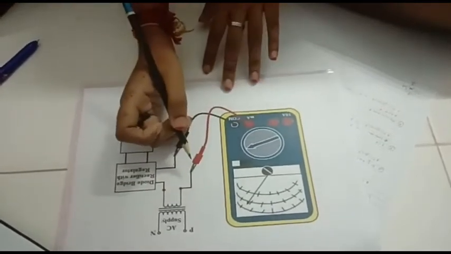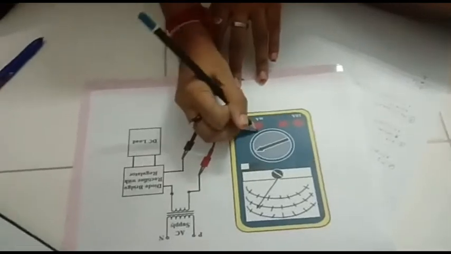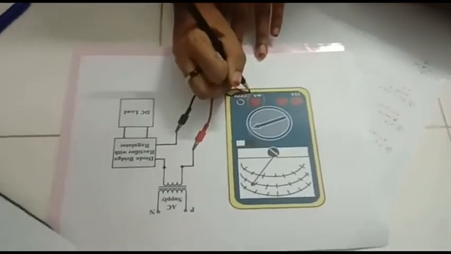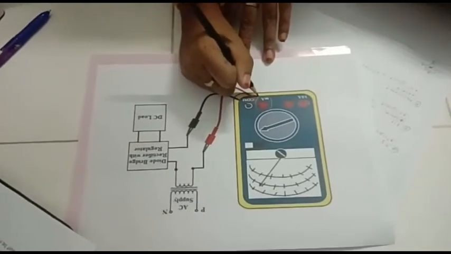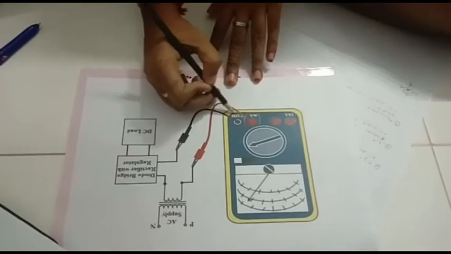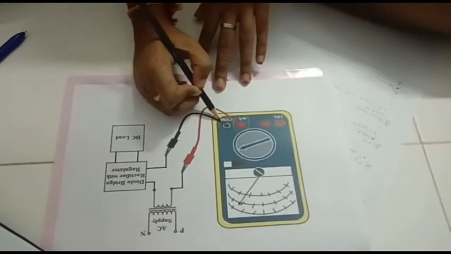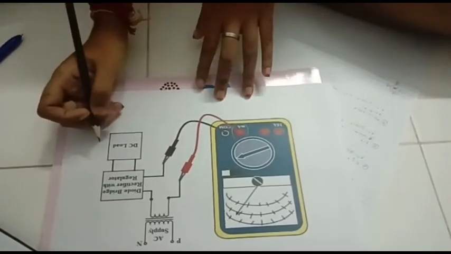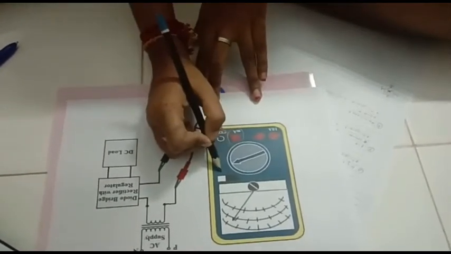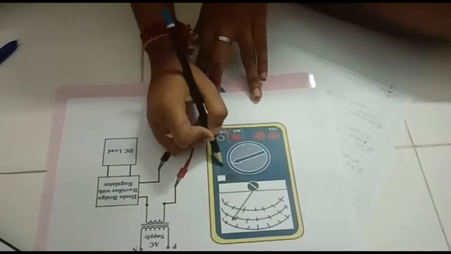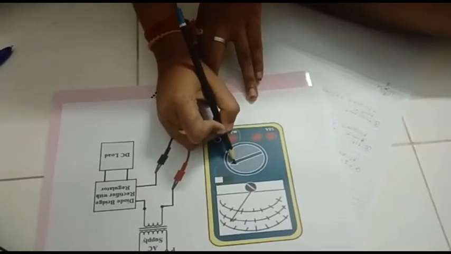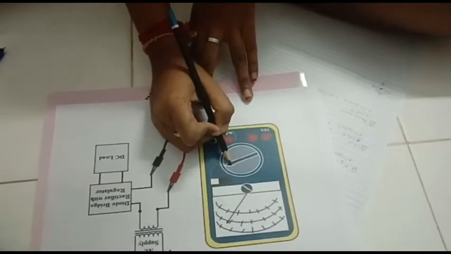Okay, the first step is to insert the red probe in the mA or A slot depending on the range of AC current being measured. Insert the black probe into the COM slot. The second step is to set the range selector switch to the AC form of current and select the maximum range for the current measurement.